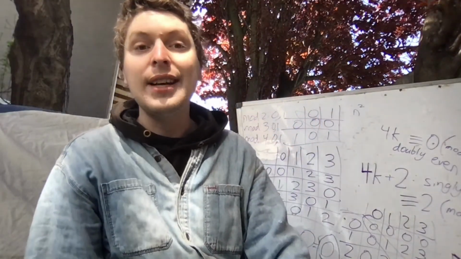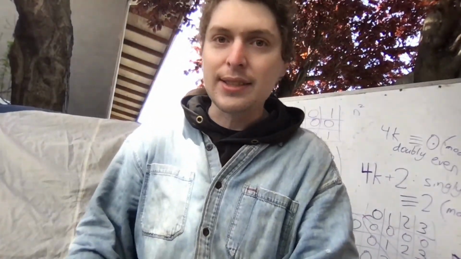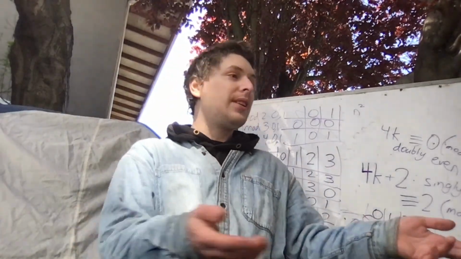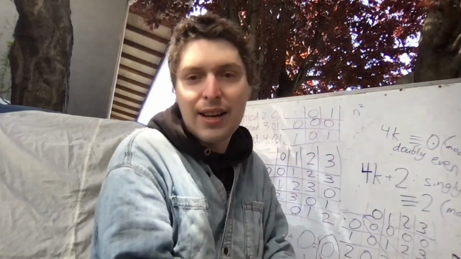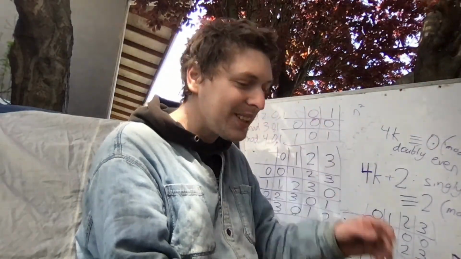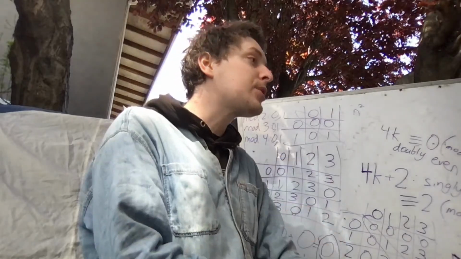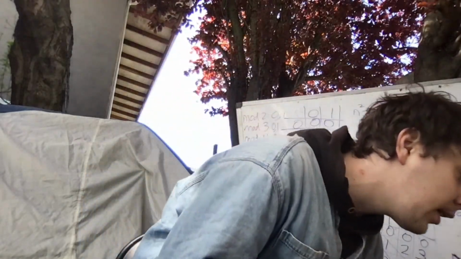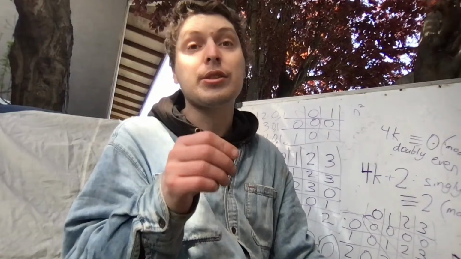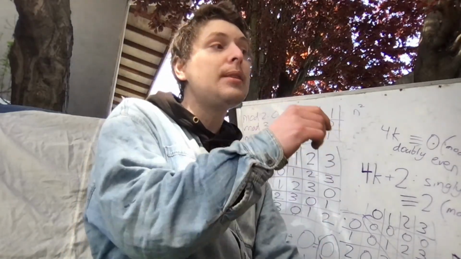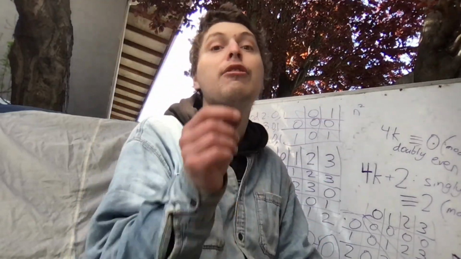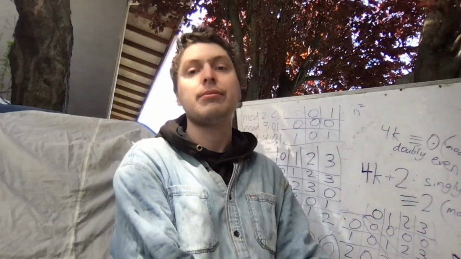I have a 9 spray painted on the side of my house, which, since I'm extra in love with the number 6 these days, we're going to call an upside down 6. In that episode, I go into how, yes, in a base B, the number B minus 1 will have very cool divisibility traits.